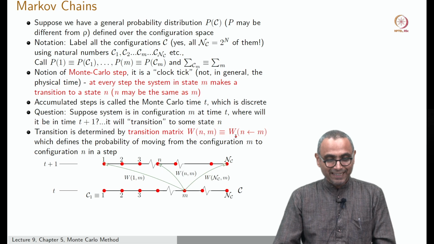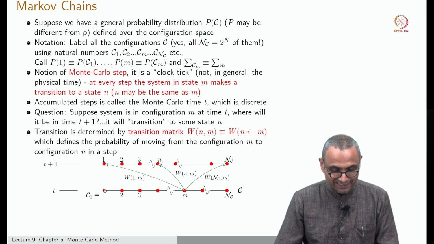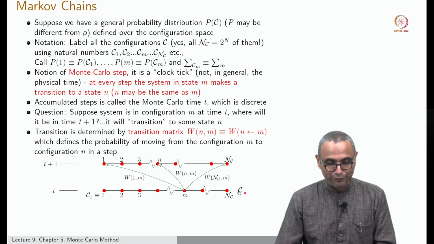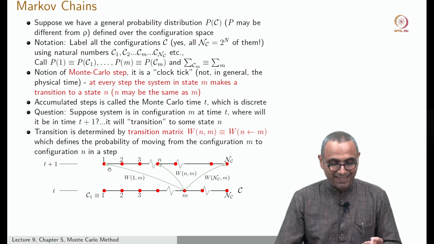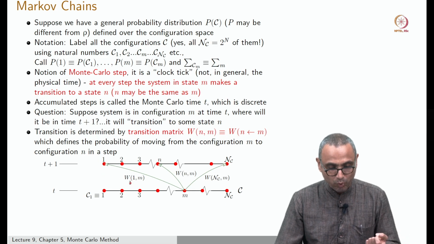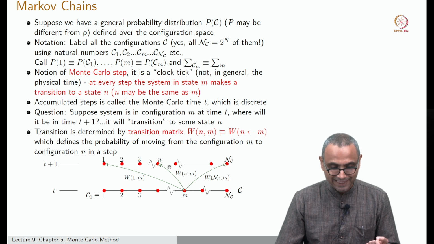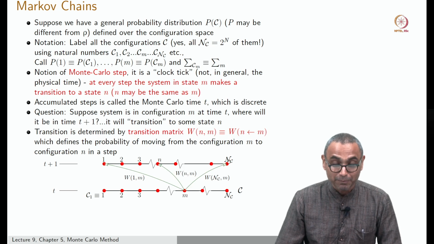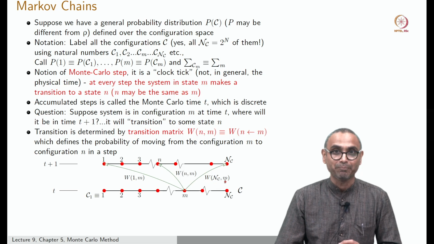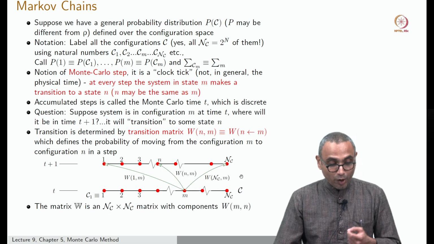Okay. So a pictorial way of showing this is that this is the state space of configurations. I have just numbered it from 1 to NC, and let's say I am in state M. Then at time t plus 1, the probability that I will land up in state 1 is W1 comma M. The probability that I will land up in state N is Wn comma M, and the probability that I will land up in the state NC is Wnc comma M. So what is this W matrix?